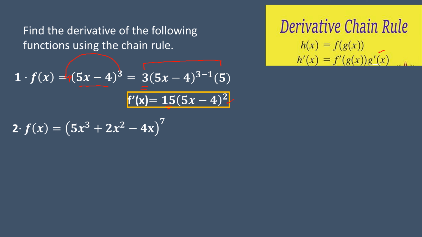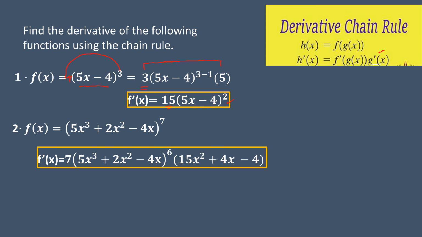So number 2, our outer function is 7 times the 5x cubed plus 2x squared minus 4x, but this is already 6 because 7 minus 1, and times the derivative of the inner function.